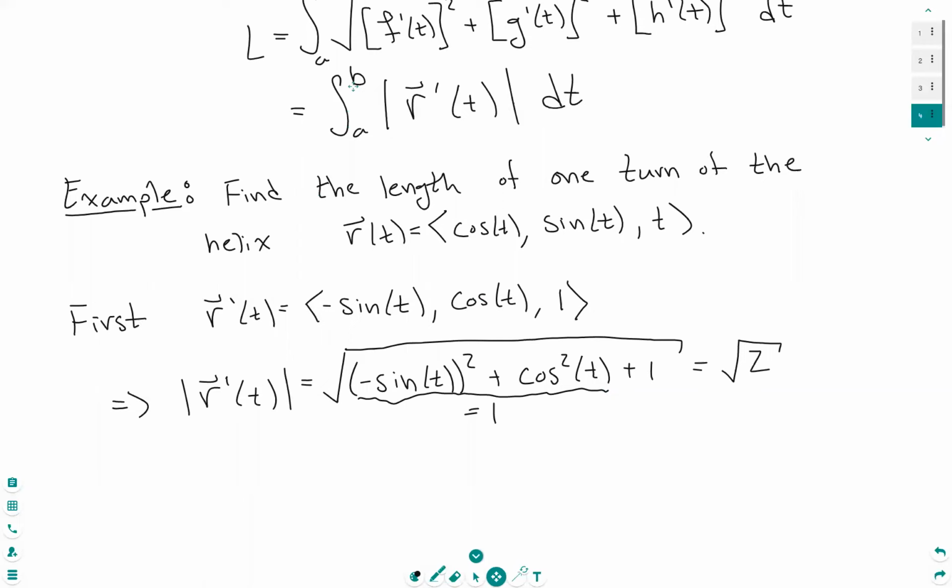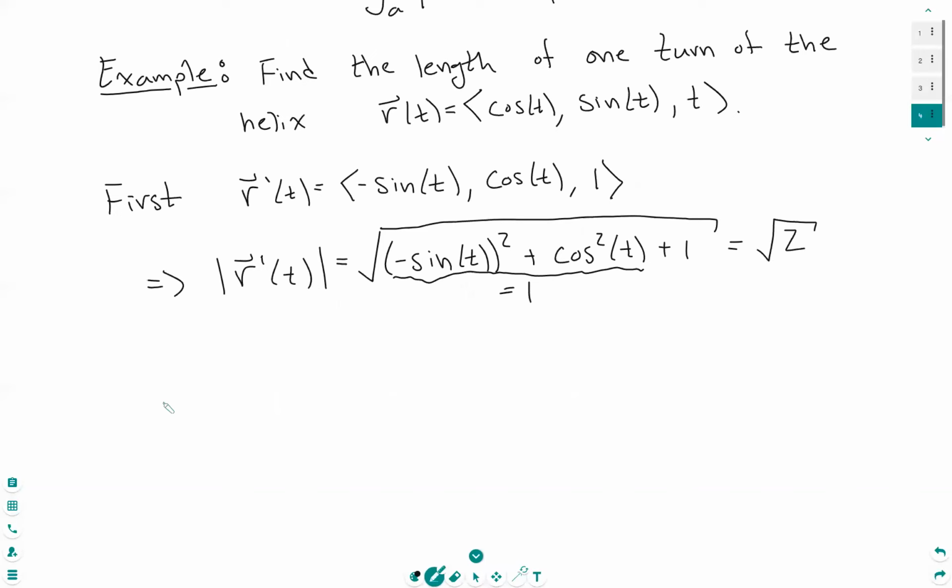This is a definite integral. So if I want one turn of the helix, I should choose a and b such that I sketch out one turn. I think probably the best would be 0 to 2 pi, although you could do any variant as long as you do 2 pi radians.